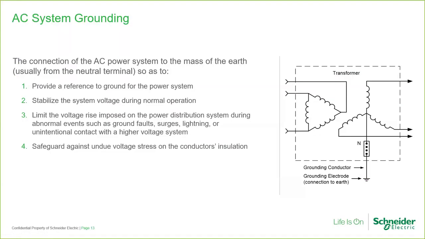It's connected to the mass of the Earth to provide a reference to ground for the power system, to stabilize the system voltage during normal operation, to limit the voltage rise imposed on the power distribution system during abnormal events such as ground faults, surges, lightning, or unintentional contact with a higher voltage system, and to safeguard against undue voltage stress on the conductor's insulation. The drawing shows the neutral terminal of the Y secondary winding connected to a grounding electrode by a grounding conductor.